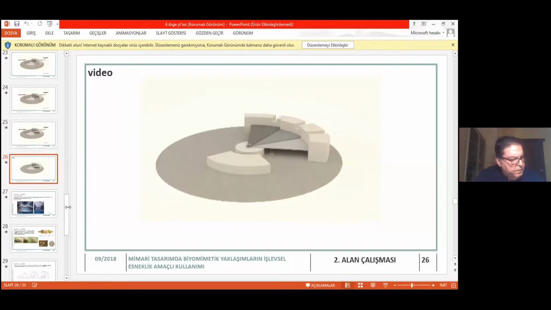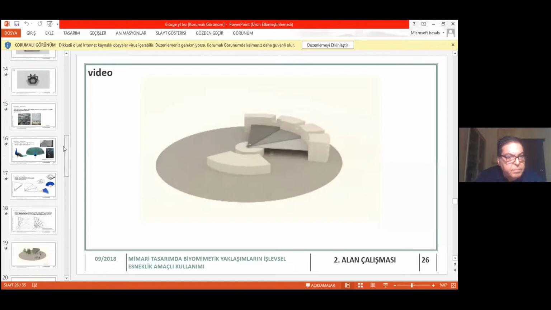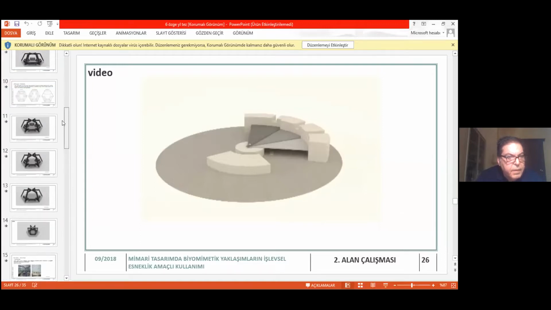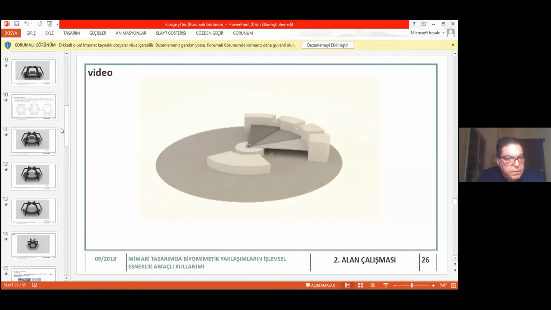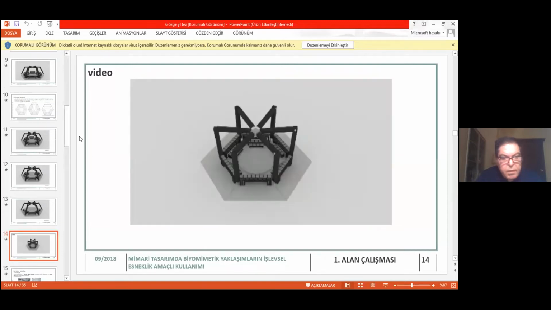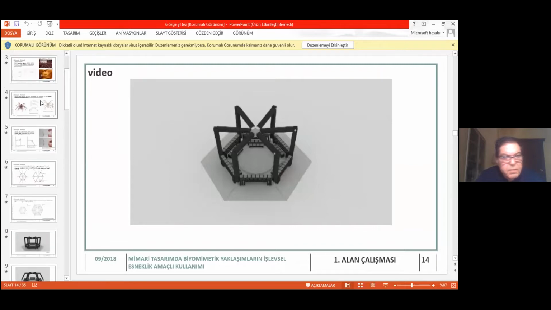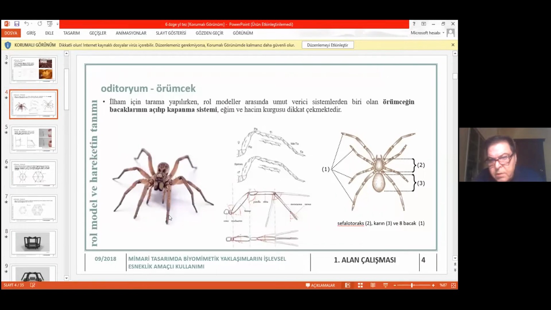The other design was Özge's kinetic auditorium. She was inspired by spider legs and the movement of spider legs, and the aim was a flexible auditorium according to audience quantity.